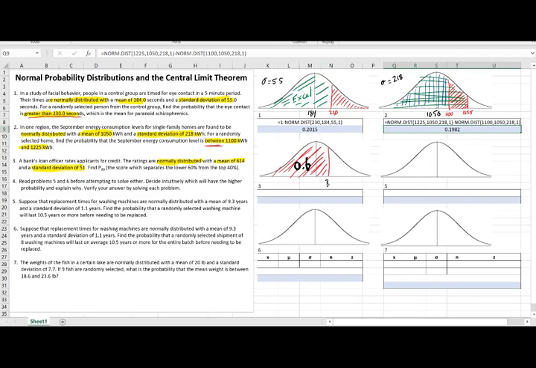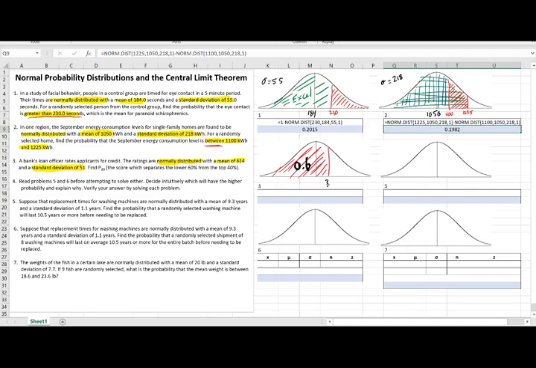This is the opposite case of numbers 1 and 2. In numbers 1 and 2, we were given the x value, looking for the area. Now we're given the area, looking for the x value. So that's the inverse of the normal distribution function.